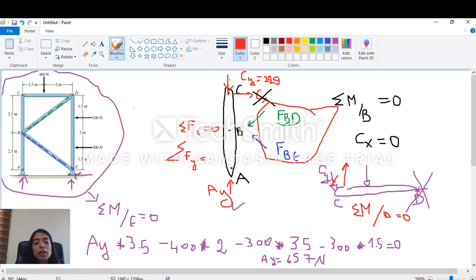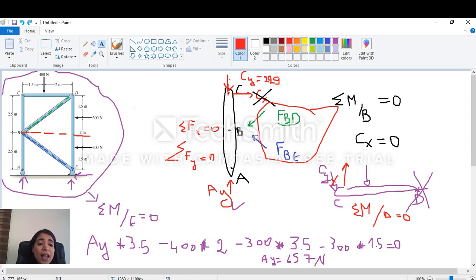And then I can find FBD and FBE. Okay, so let's apply sum of fx is equal to 0. So what do I have? Basically, I don't have Cx, I don't have Ax, so I only have the projection of FBD and FBE, which means that the projection of FBD on X should be equal to the projection of FBE on X.